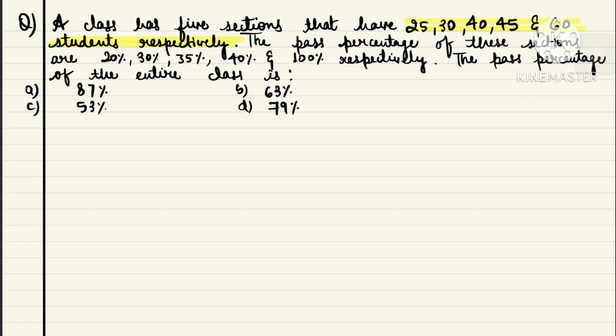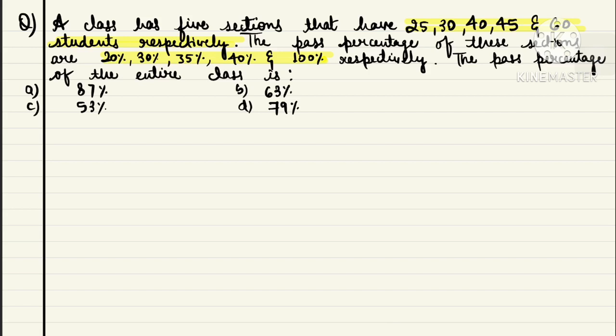The pass percentages of these sections are 20%, 30%, 40% and 100%. So this is the data that is given in the question. It has been asked what will be the pass percentage of the entire class. Okay, let's start.